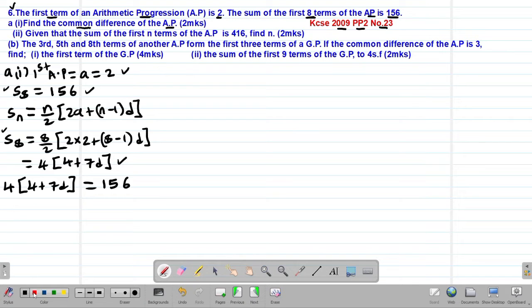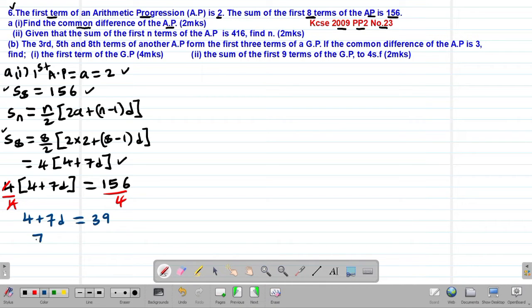Now, to simplify this, I'll divide through by 4, so that 4 and 4 can cancel out. I'm going to remain with 4 plus 7d being equivalent to 156 divided by 4. I'm going to get a positive 39.